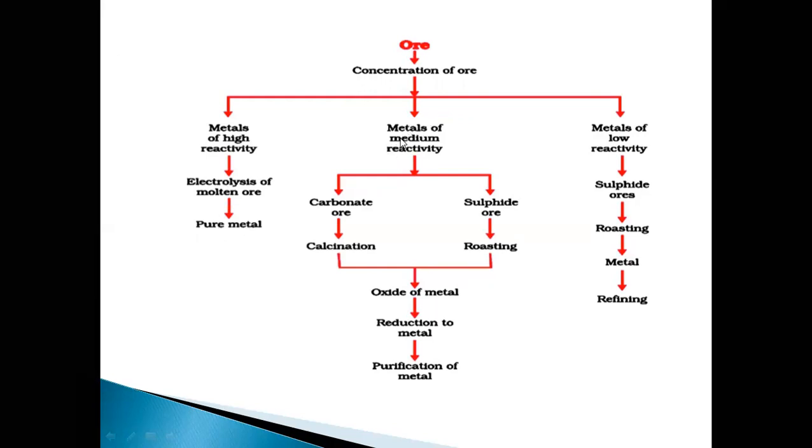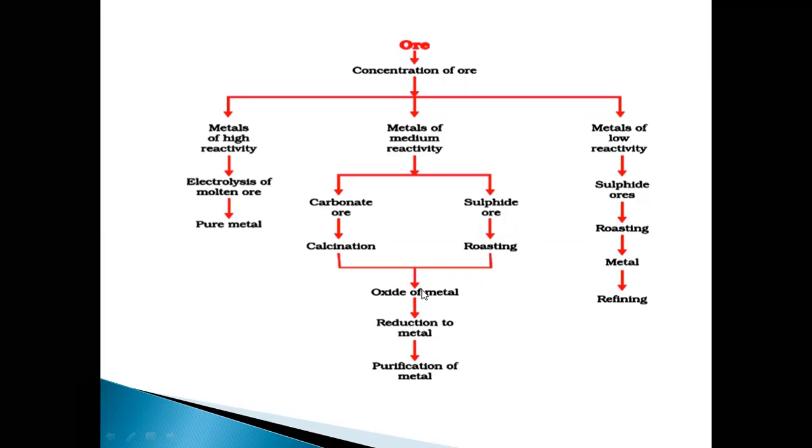If the metal is of medium reactivity, it is divided into two. If it is a carbonate ore, the process is calcination; if it is a sulfide ore, the process is roasting. For both processes, you get the oxides of the metal, and by reduction to the metal, we can collect the purified metal.